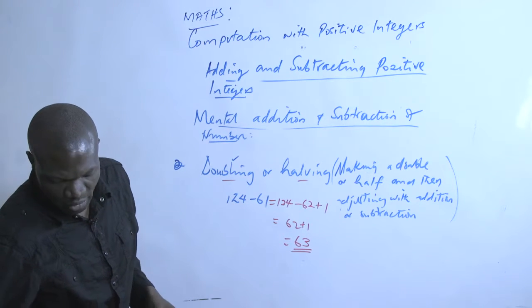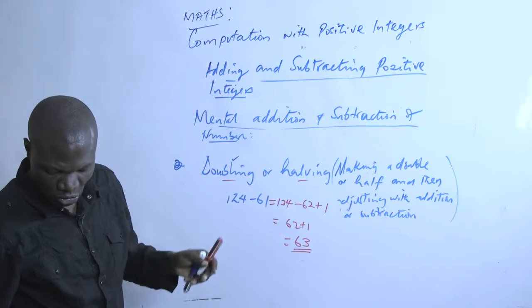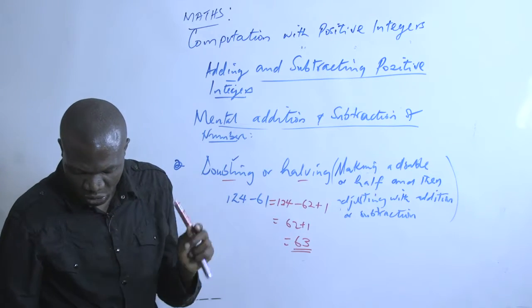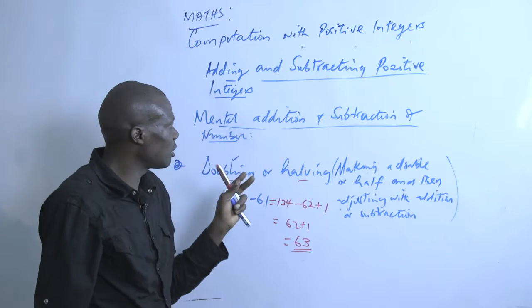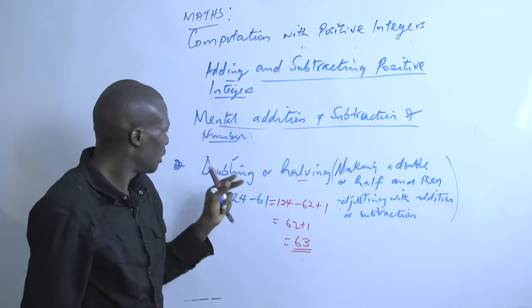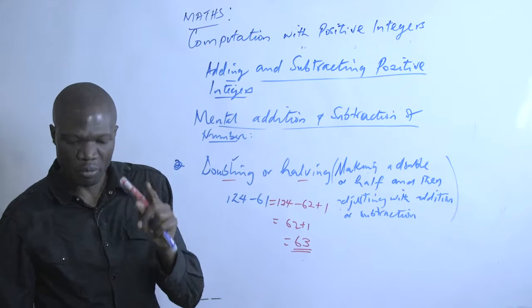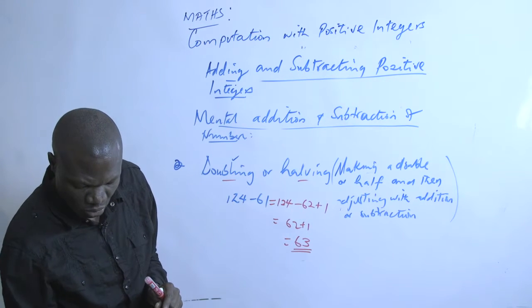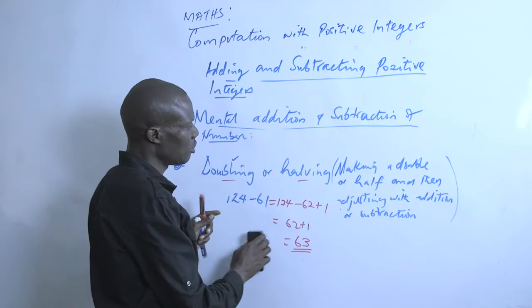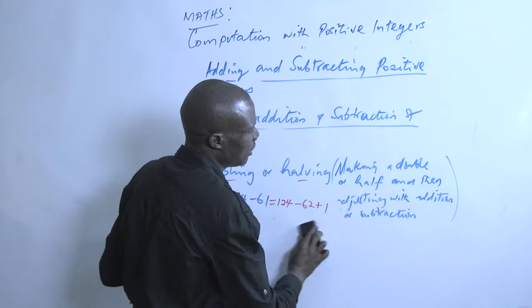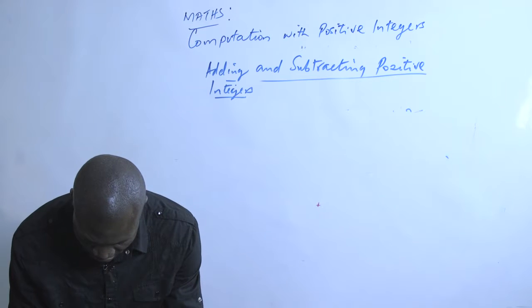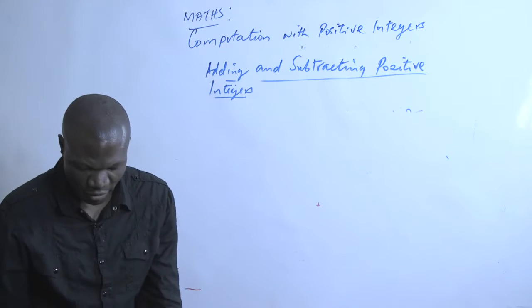So it is always good that a good learner, a good student should be able to use any suggested strategy, either compensating, doubling, or partitioning, to be able to solve a problem. A good student should be able to apply any of the strategies to handle problems. Now, let us look at a few problems.